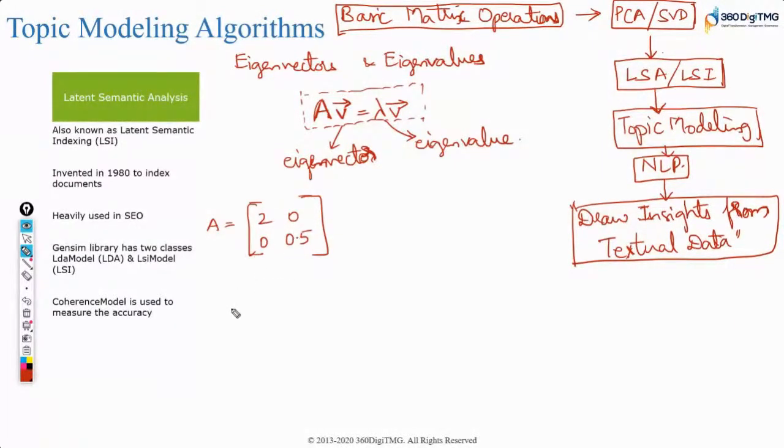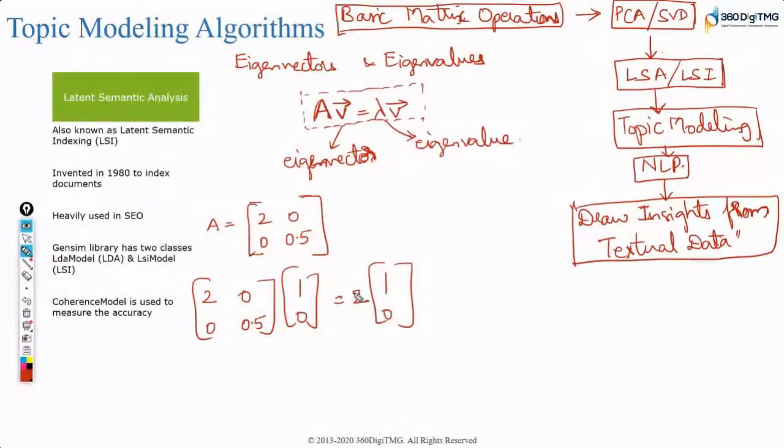Let's understand. So if this is your matrix 2, 0, 0 and 0.5, and if you multiply this with, say, a vector which is 1, 0, here also I'll put 1, 0 because I need the same vector on both sides. And lambda, I'll simply take 2.